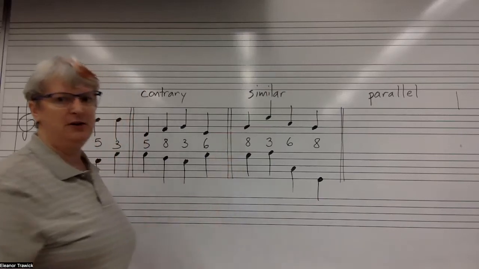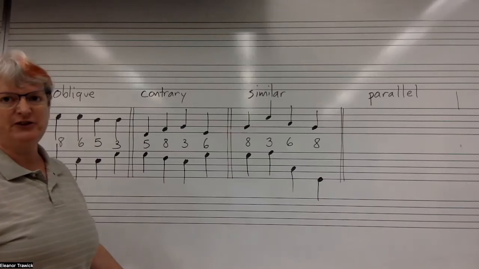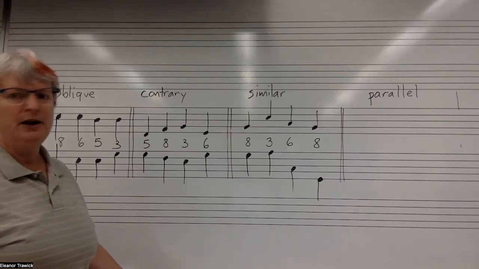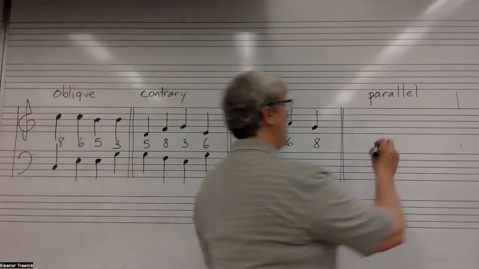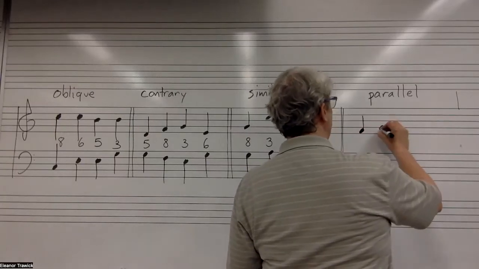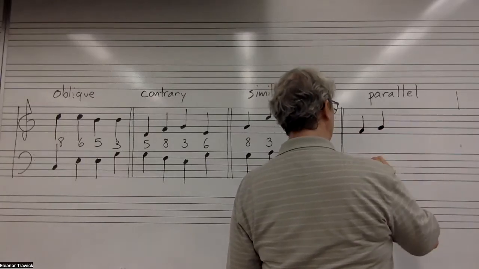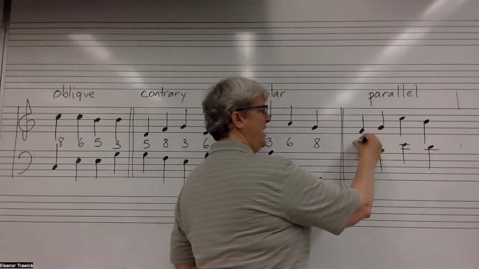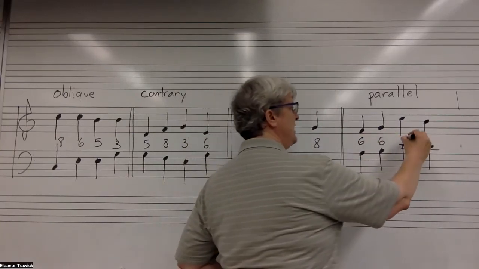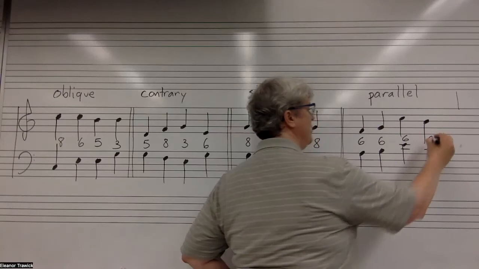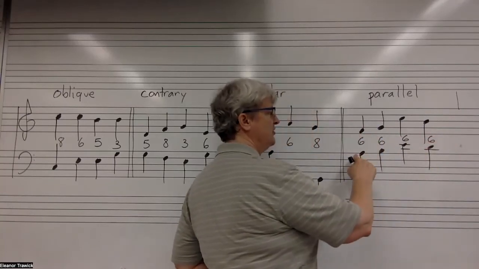The reason I explain similar motion like this is to distinguish it from parallel motion. In parallel motion, the lines move by the same interval, at least the same size of interval. So we maintain the same distance between the notes. The F and the A are a 6th apart.